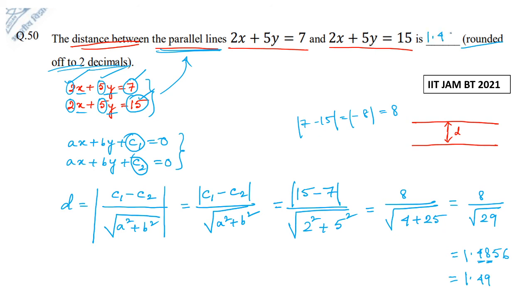If you see the answer key, it is generally given in a range. So if you write 1.48 or 1.49, it's okay, but not beyond that. So here the correct answer is 1.49, rounded off to 2 decimal places.